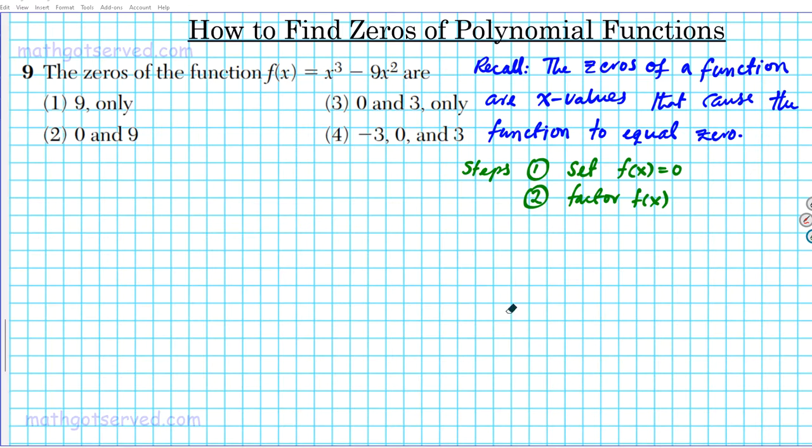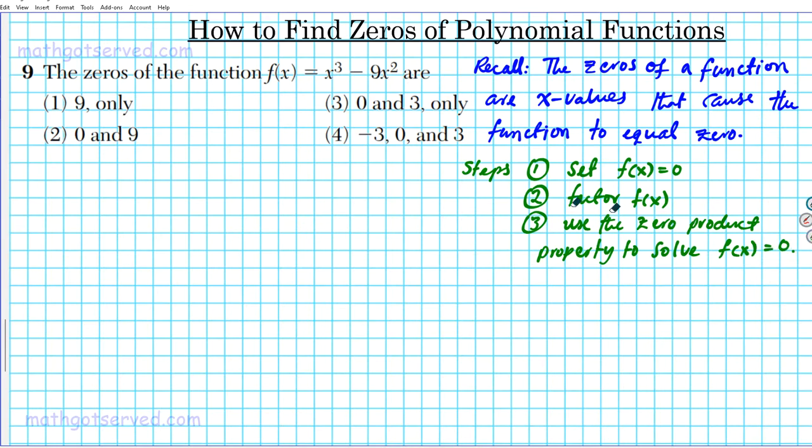And then you're going to use the zero product property to solve that equation f of x equals 0, where f of x is the factored state.